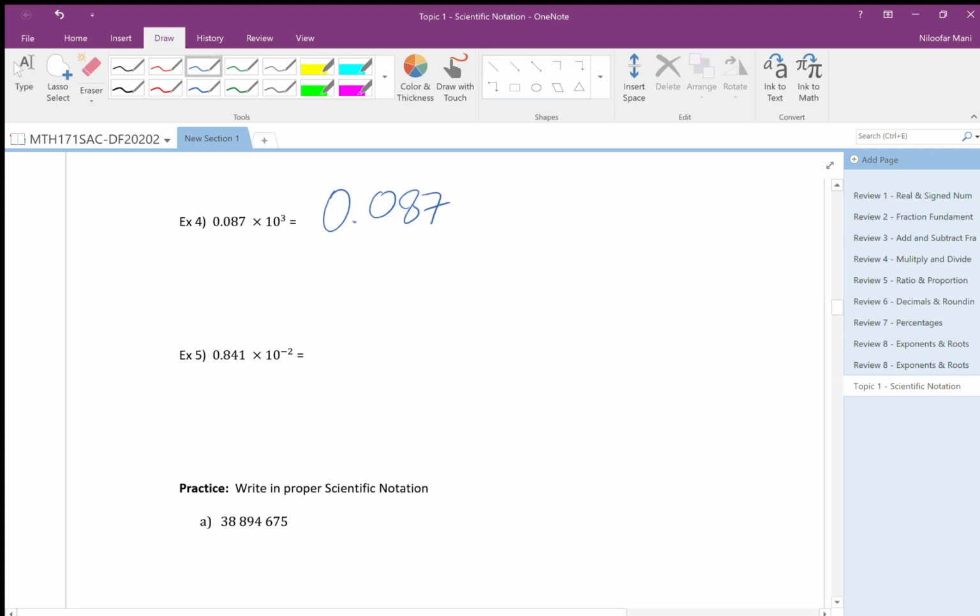Okay, so 0.087. Do I have a decimal? Yes. 10 power 3 is beside. Do I have any moves? Of course, yes. So one and another one. So I do two moves to the right.